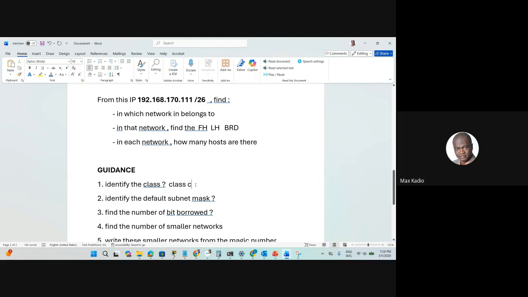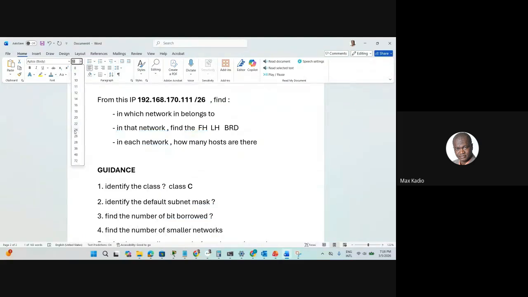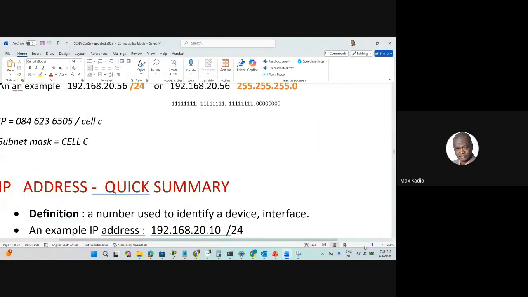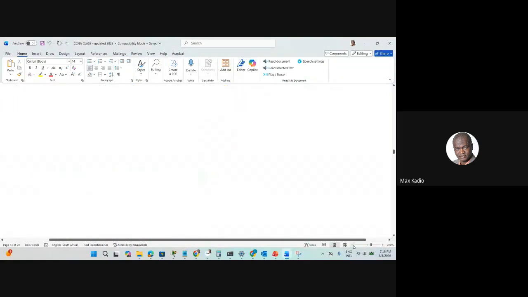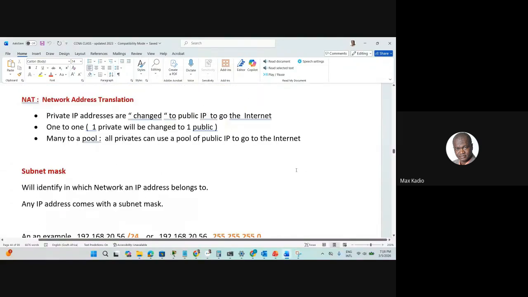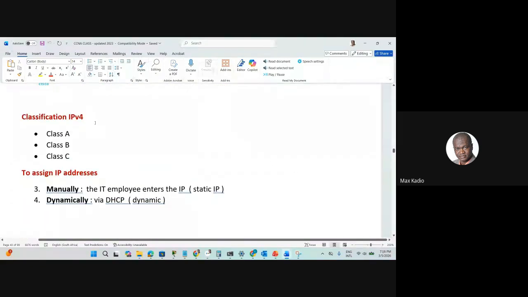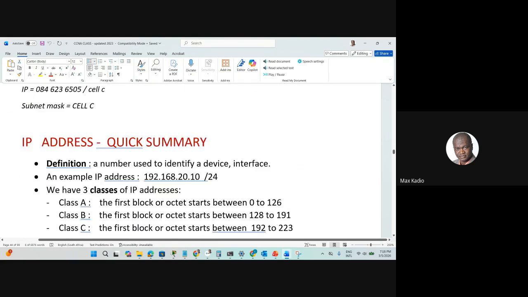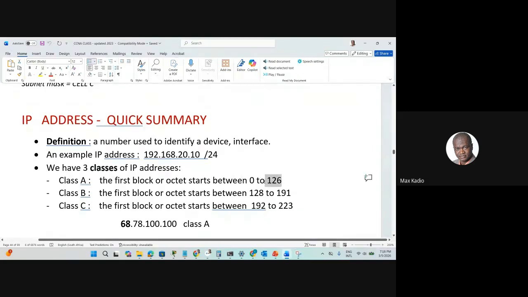Remember last time we did the ranges of the classes. Let me check if I can still find it for you. I'll put everything nicely in a PDF and send it to you. We did that for IP. We have class A, B, and C. How to identify a class is by the range.